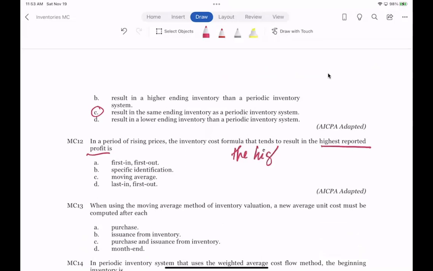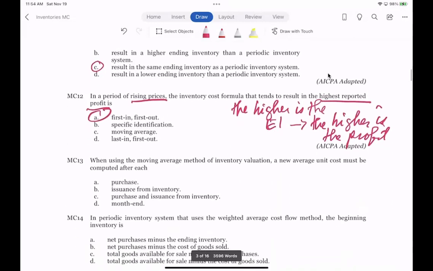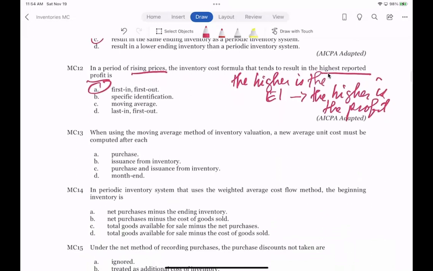The higher is the ending inventory, the higher is the profit, because as we have taken up, ending inventory is directly related to profit, and ending inventory cost is higher in a period of rising prices under the first in, first out method, because the inventories are stated at the most recent purchase price, and the most recent is the increased price.